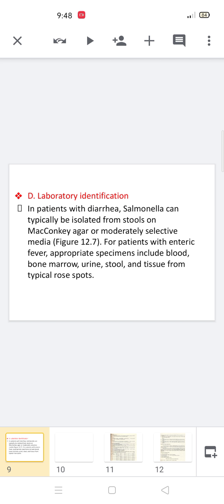The second test is the Widal test. In this test, we try to identify the antibodies, and we have a known antigen prepared kit with us. This is opposite to the first test.